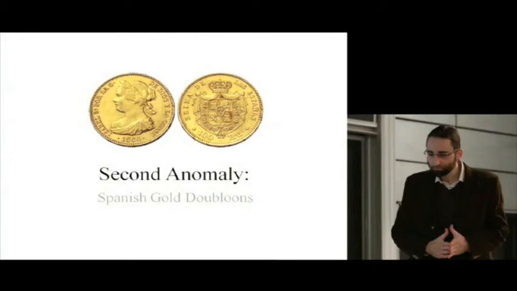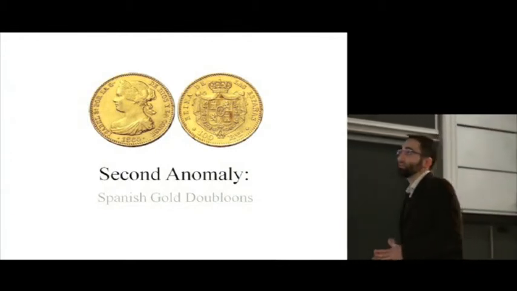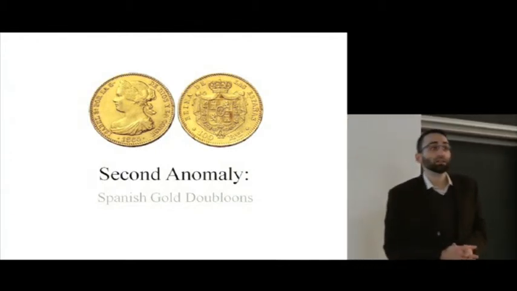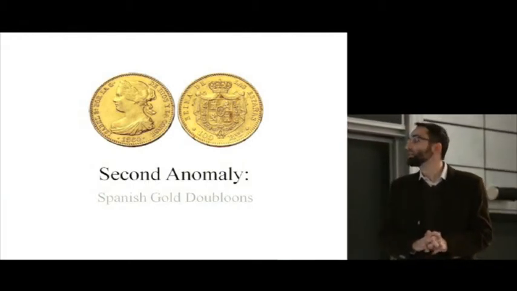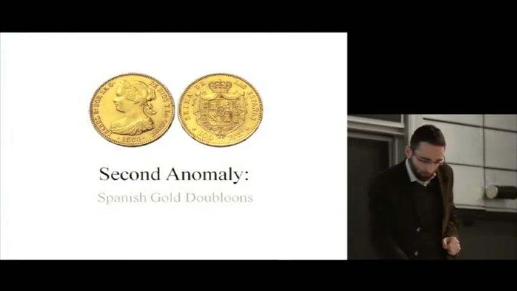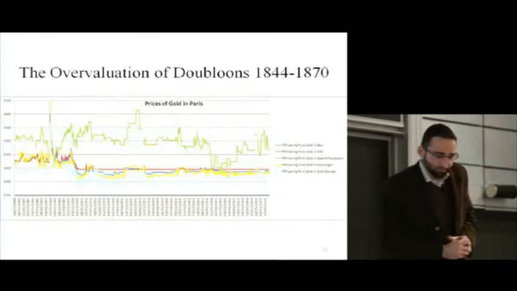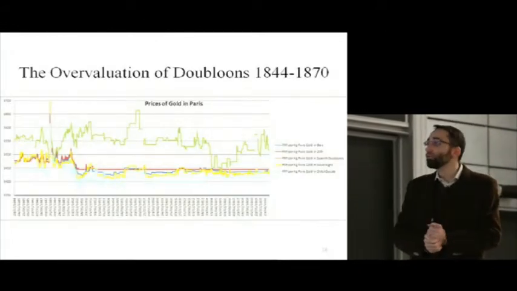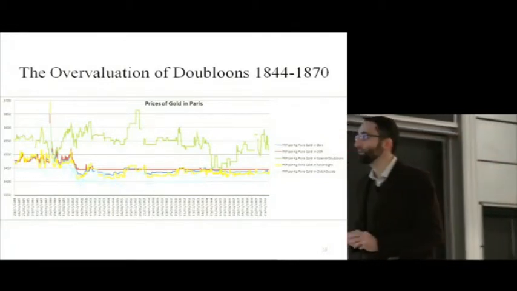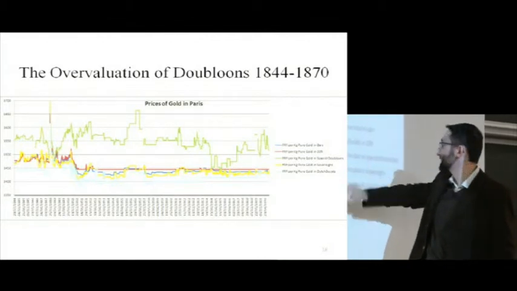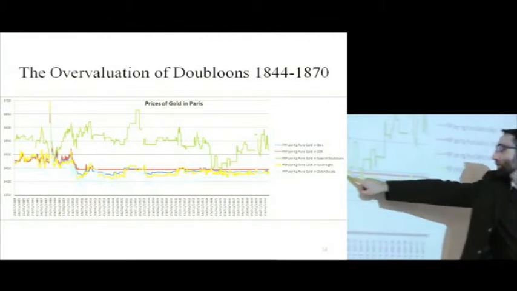There's also another strange anomaly in coin markets in this period, and it is the case of the Spanish gold doubloon. These are the prices of different kinds of gold in Paris throughout the period. The red one is the ingot price.